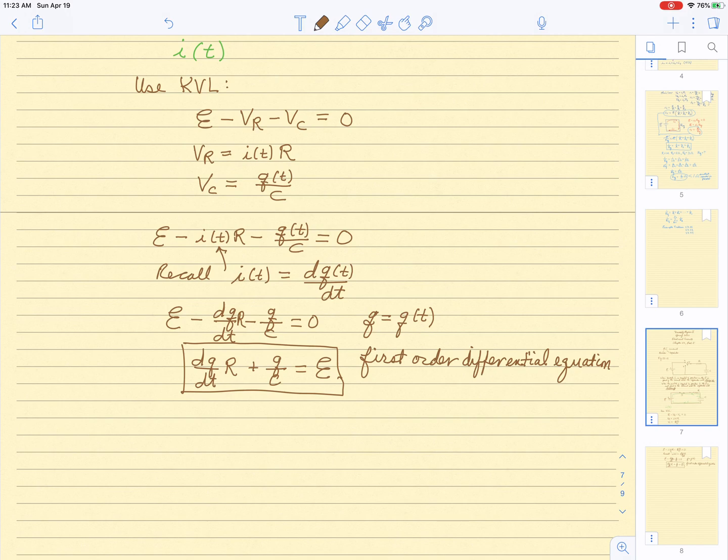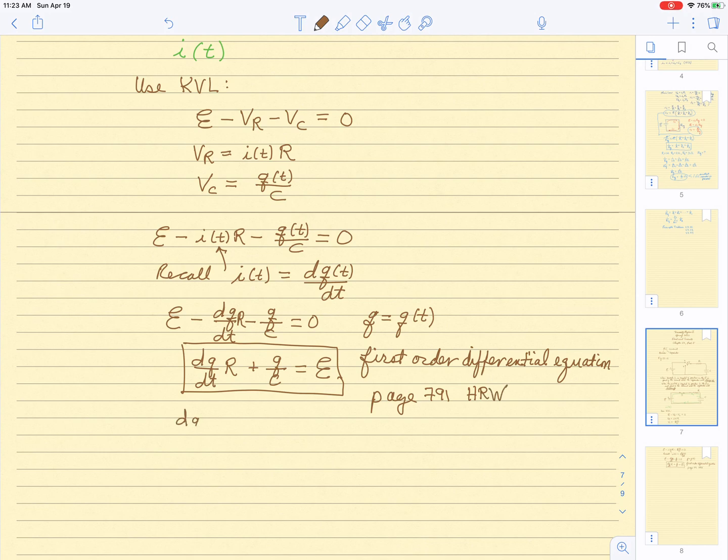So the solution of this is not exactly straightforward at this level. There is a proof of it in your text, and for those of you who are interested, look at page 791 for Halliday, Resnick, and Walker. But let me just rewrite this.